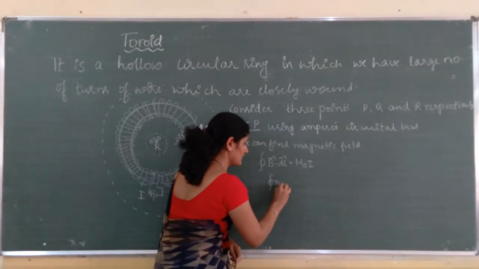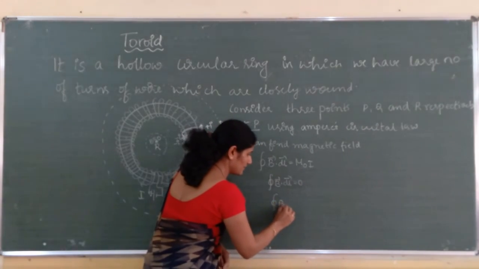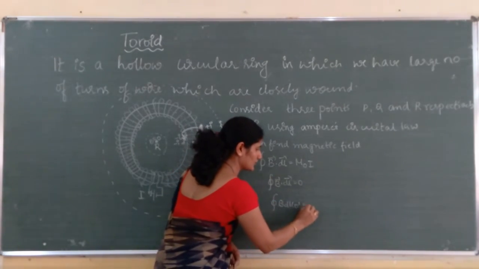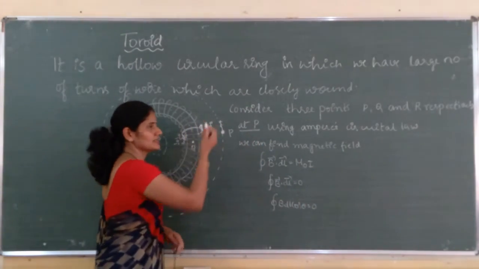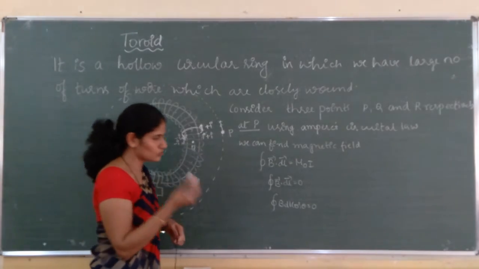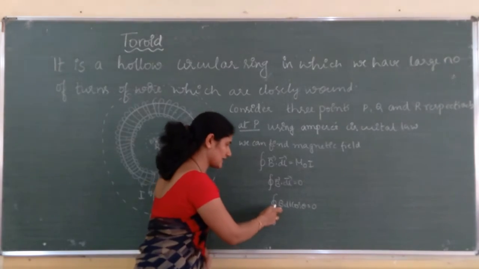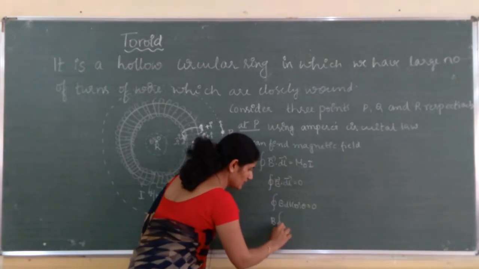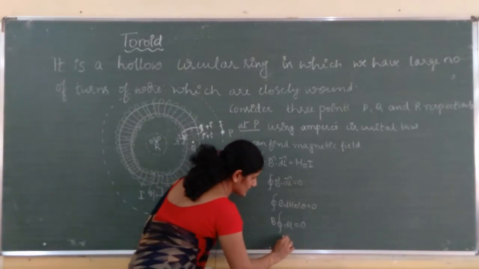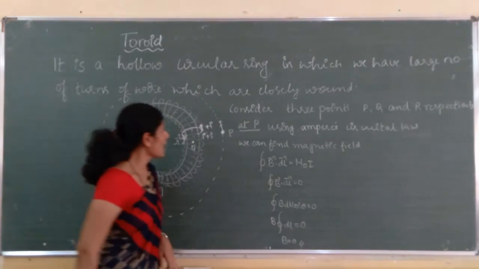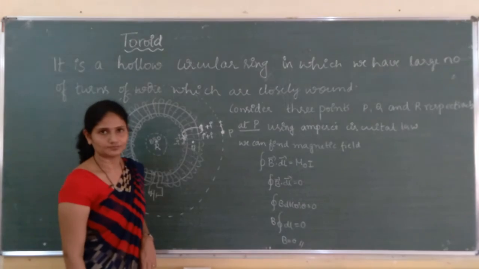Therefore, B vector dot dl vector is equal to 0, B dl cos theta is equal to 0. Theta is the angle between the line element and B, they are in the same direction, therefore theta is equal to 0, cos 0 is equal to 1. The magnitude of magnetic field is the same, so I take it outside the integral. The integral of dl cannot be 0, that means B is equal to 0. Therefore, outside the toroid magnetic field B is equal to 0.